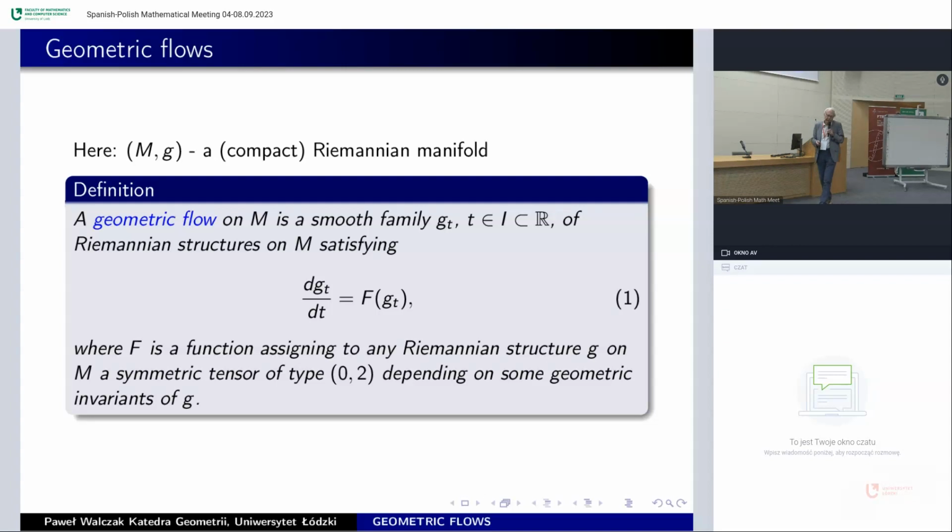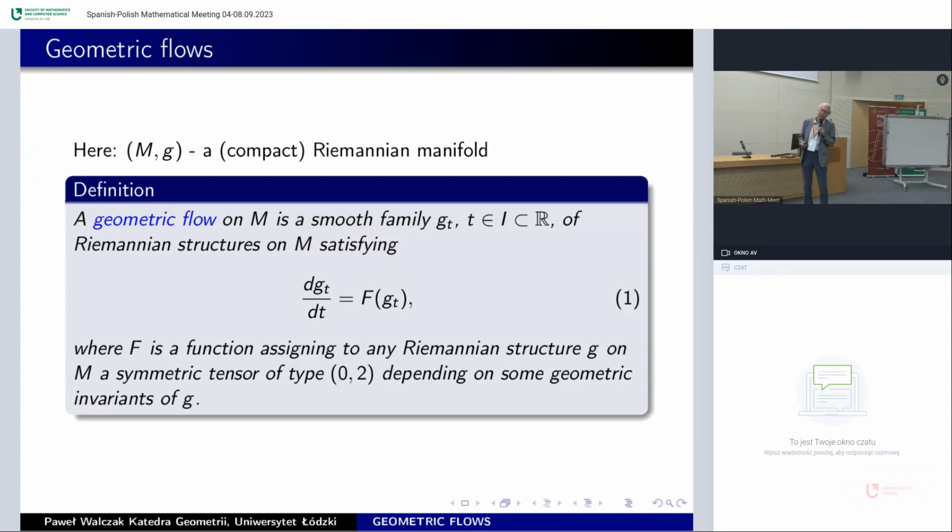The family should be smooth with respect to the parameter t, and the equation is that the derivative of this family should be of the form f, where f is a reasonable function which assigns to any Riemannian structure on M a symmetric tensor of the same type as a Riemannian structure.